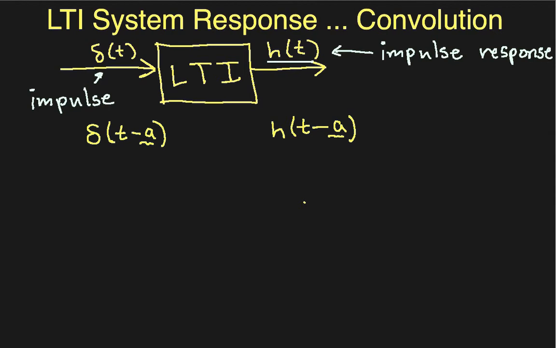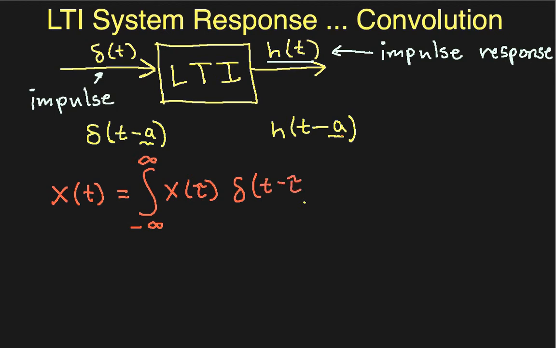The next thing we're going to do, in a previous video, we talked about the idea that an arbitrary signal x of t can be written as the integral from minus infinity to infinity of x of tau delta of t minus tau d tau.